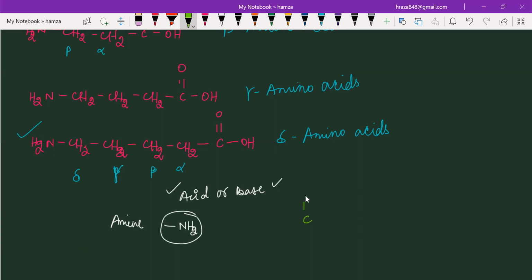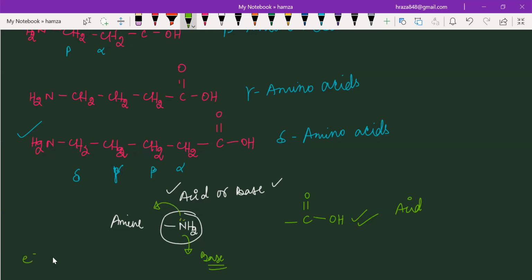Sir, acid. Carboxylic acid. See, its name is carboxylic acid, so everyone knows that it is acid. And NH2 is base. Amine is base. Always remember that, Fawaz, because it has lone pair and it can donate.